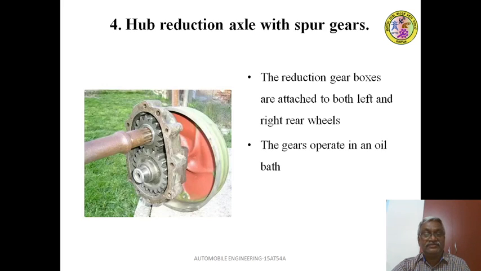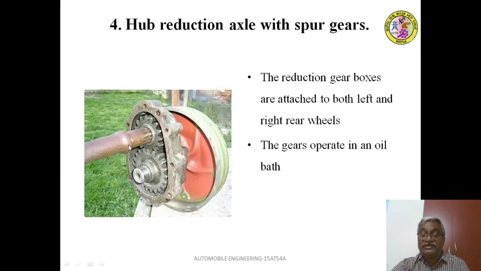There the axle is subjected to more torque. But here only the final drive reduction is provided at the differential end. That's why torque is increased only in one step and that torque is transmitted through the axle shaft.